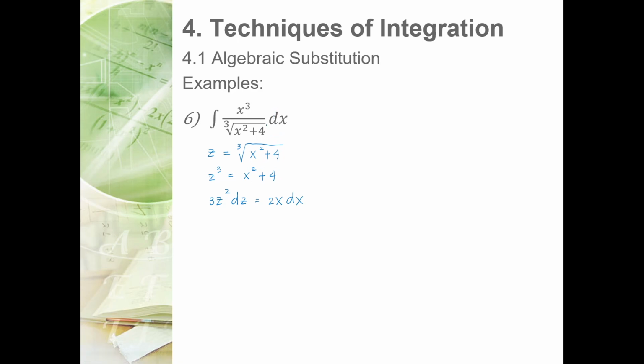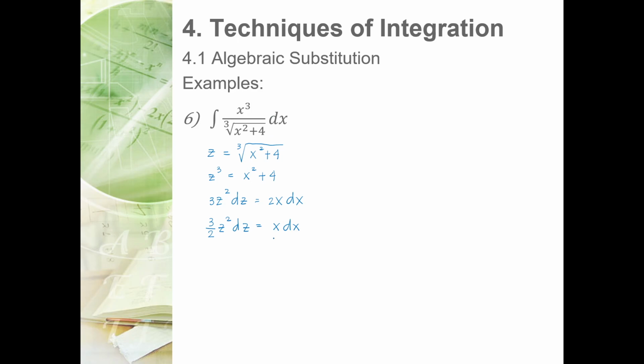So as you can see here, our dx has an x variable, di ba? So probably if we try to rearrange this one, this would become 3 halves z squared dz and then x dx. So looking at the expression, we have x cubed in the numerator, di ba?